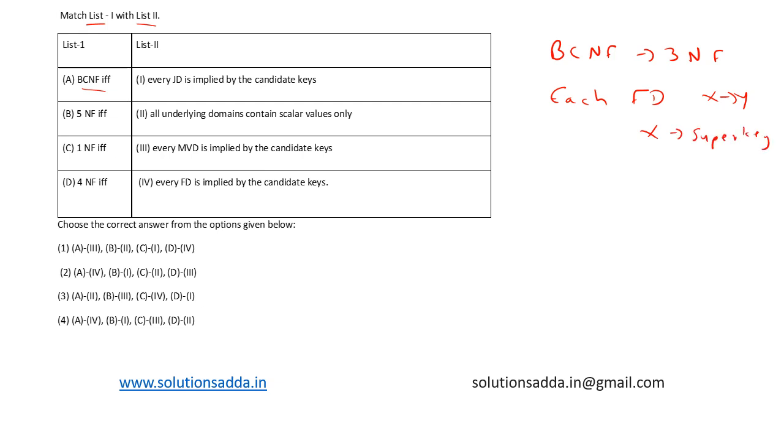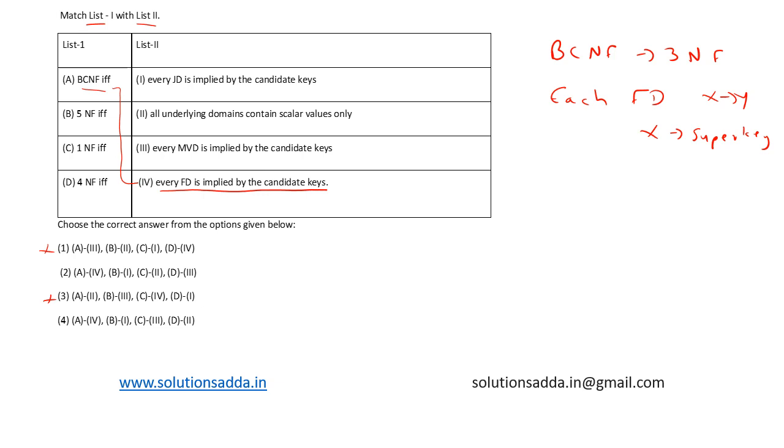So this functional dependency is implied by the candidate keys and is exactly what is mentioned by option 4. That is, every functional dependency is implied by candidate key. So A maps to 4. So we can eliminate 3 and 1.